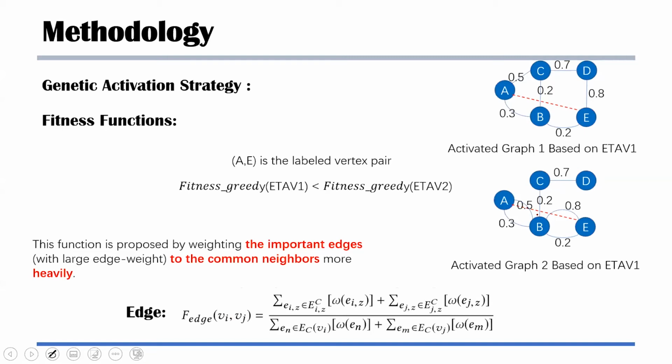Like we have B here, then we want to select the most important edge to interconnect A and E here. The difference from the first two functions is that they are based on node selection, but the last one is on edge selection.